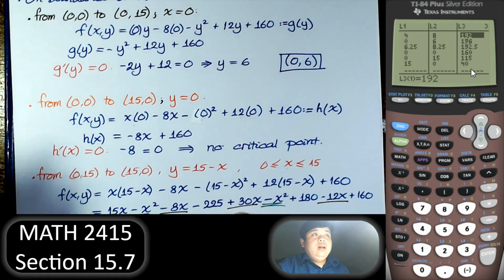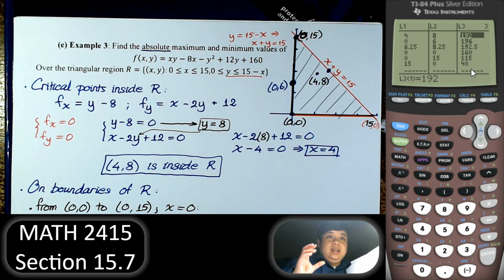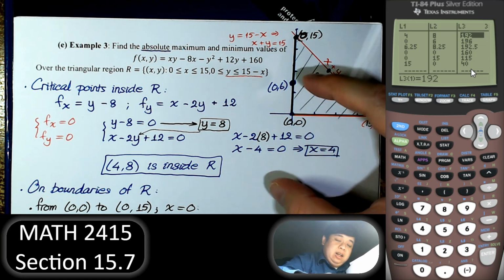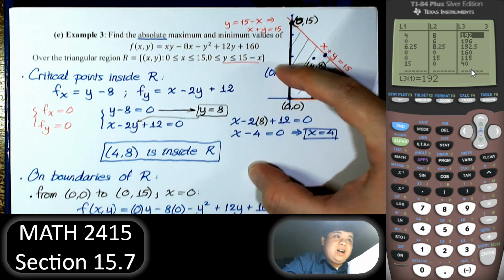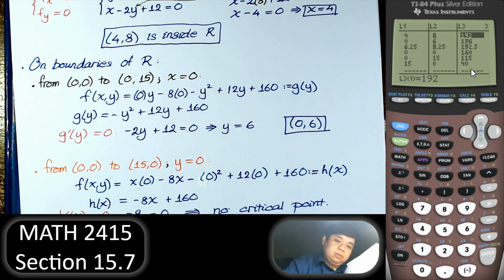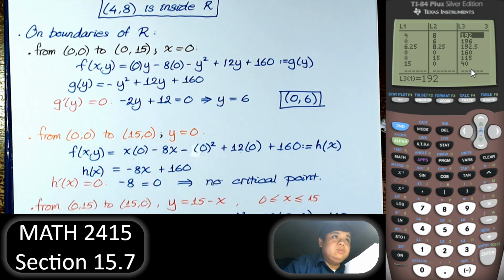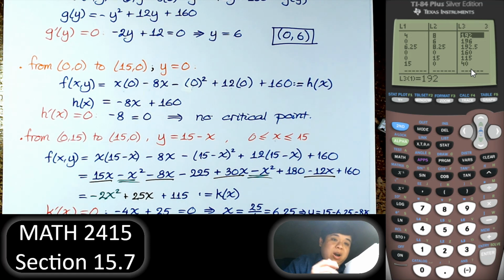Now, if we want to find the absolute max or absolute min, then we need to do it differently. Find a critical point inside and then on boundaries. This one has 3 boundaries, so we have to do each one of them.